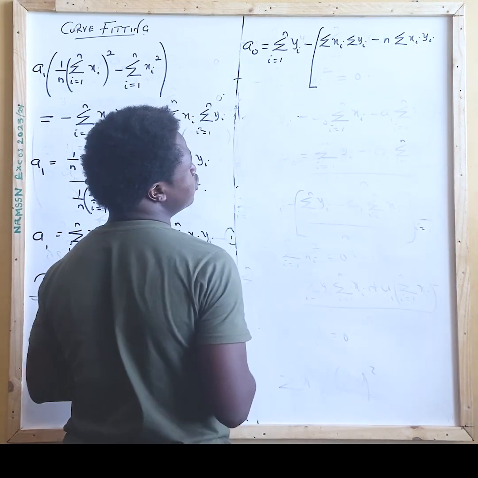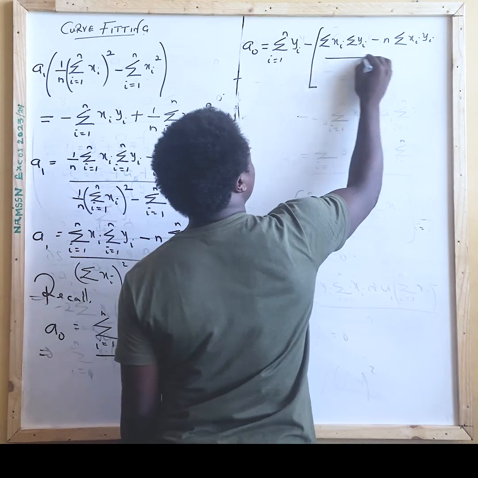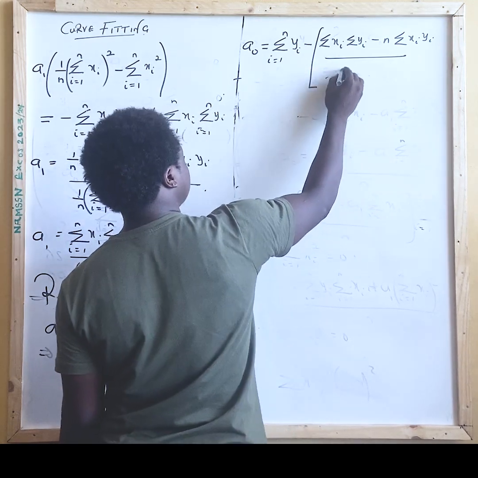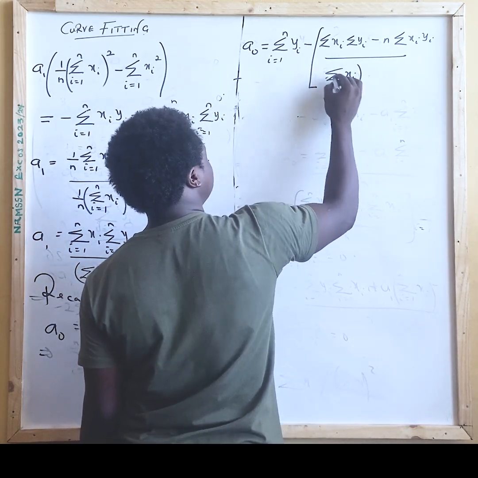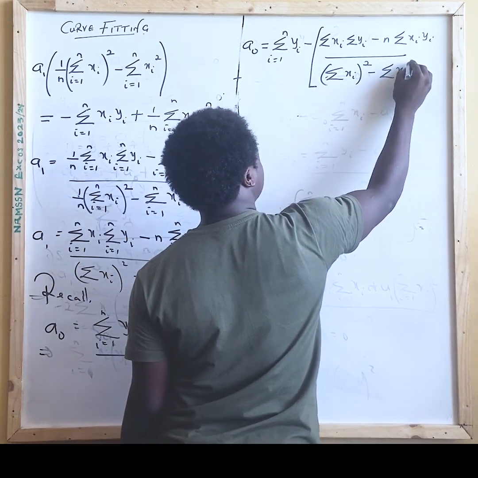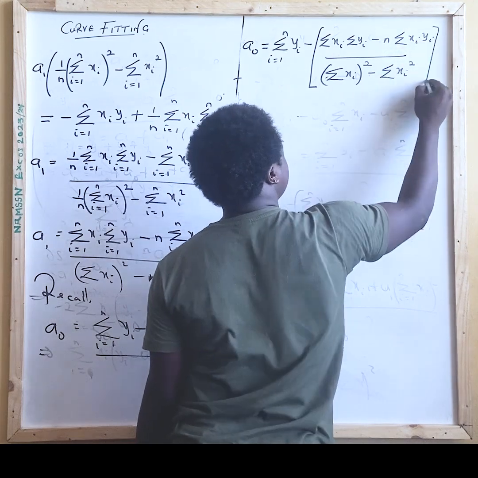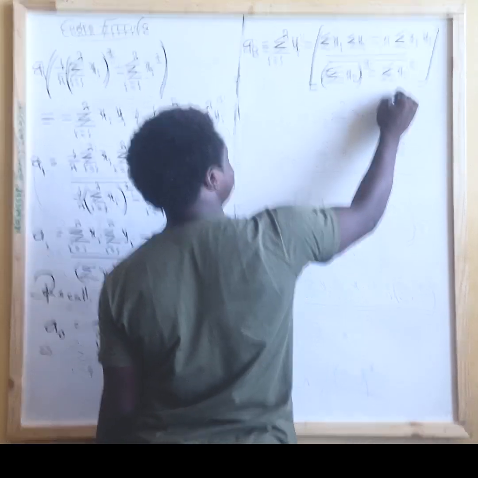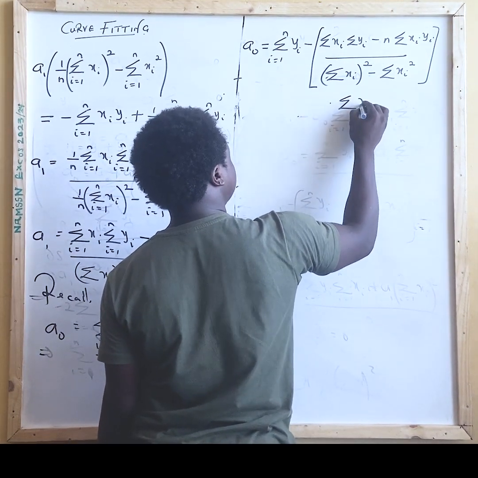Don't forget our summation is going from 1 to n, over n summation xi squared minus summation xi all squared. Everything times summation xi.